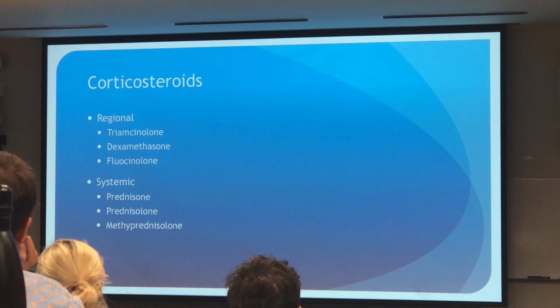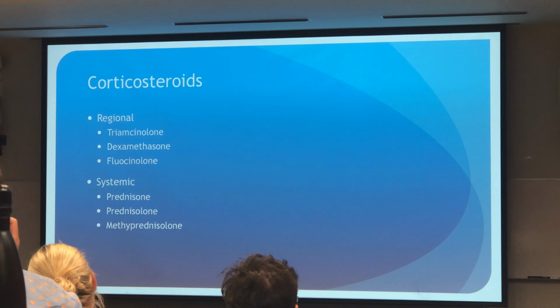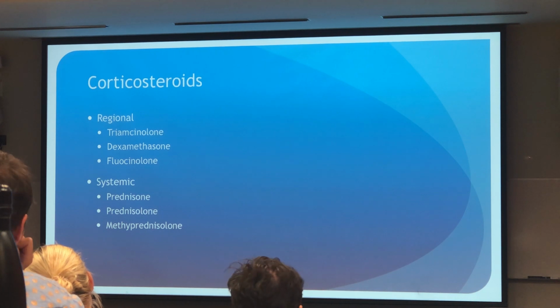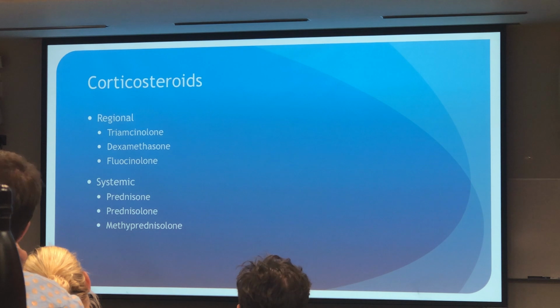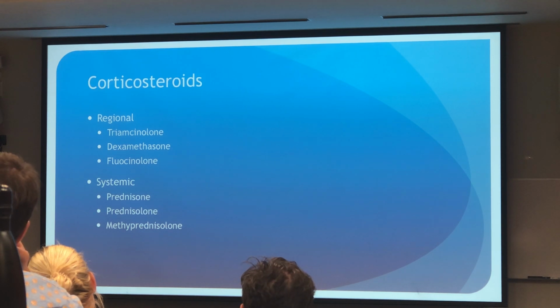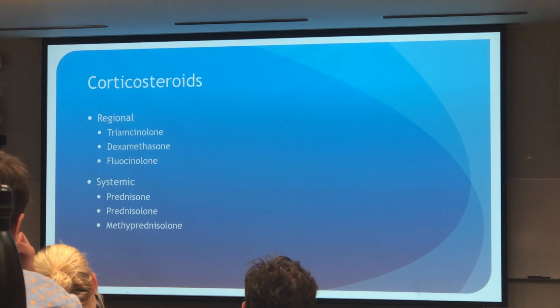Regional steroid: triamcinolone is used frequently, dexamethasone is used frequently, and now we have fluocinolone, for which there are 3 versions of intraocular implant now: the YUTIQ, the Iluvien, and the older one, the Retisert. All these are considered regional steroids, and then you have your systemic steroids.